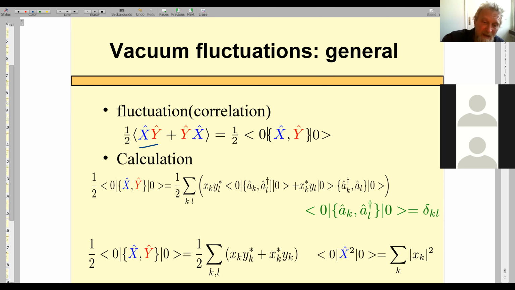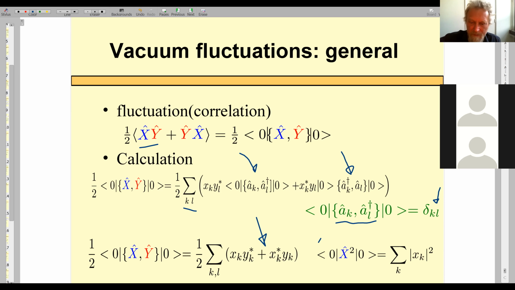Again, I start with a double sum, but these anti-commutators for the vacuum state are not zero only for equal K and L. So I end up with this, also a number which is expressed in terms of coefficients in front of annihilation operators in the expression for the field operator.